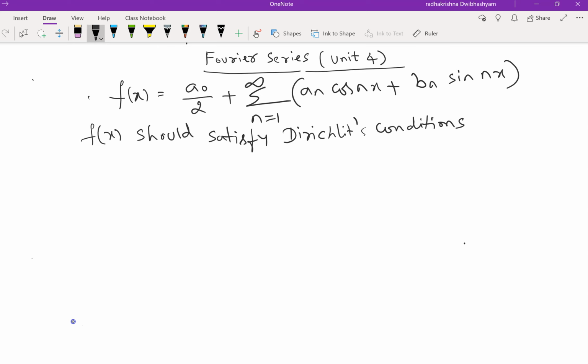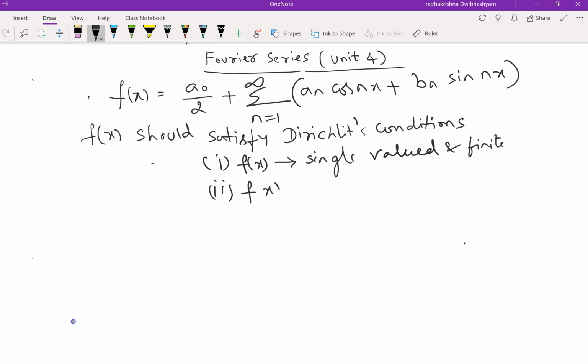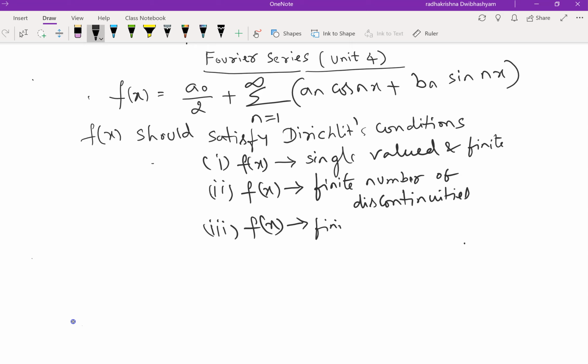Dirichlet's conditions are: f(x) must be single valued and finite, and f(x) may have a finite number of discontinuities, and f(x) may have a finite number of maxima and minima. Finite number of maxima and minima.